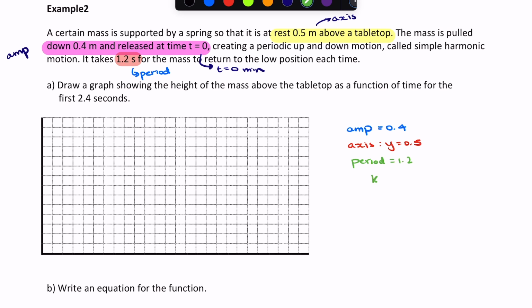So again, for our k value, we take 360 divided by 1.2, and here we get 300. And here we're looking at it as a cosine graph. If we look at a cosine graph, it starts on a minimum, and therefore cos would be negative.